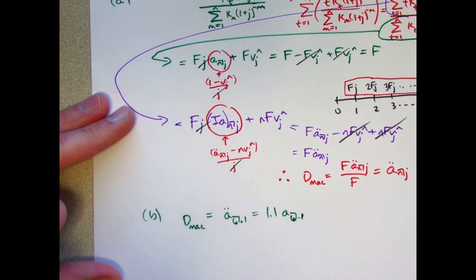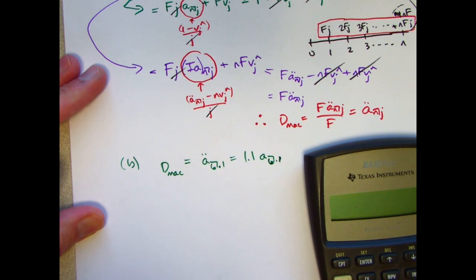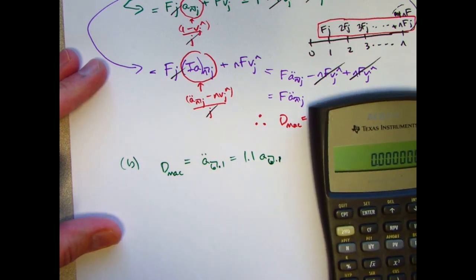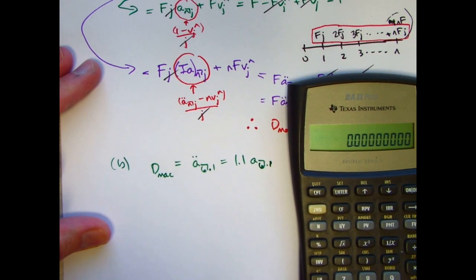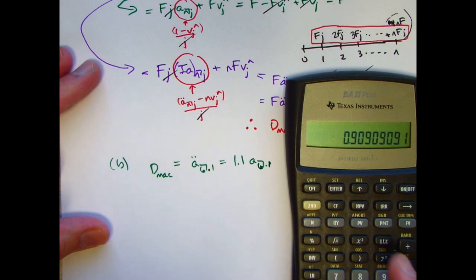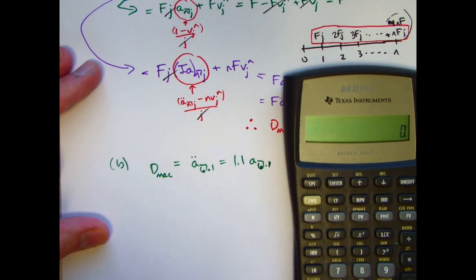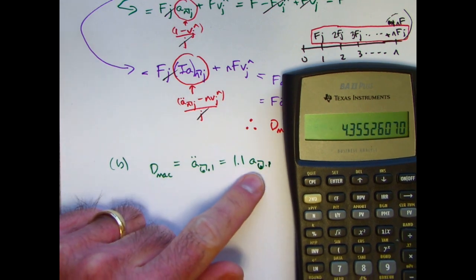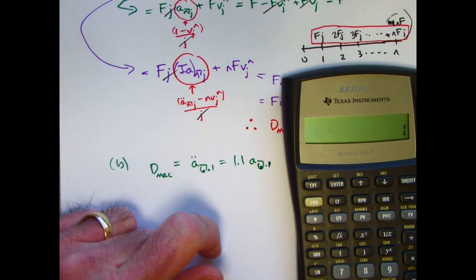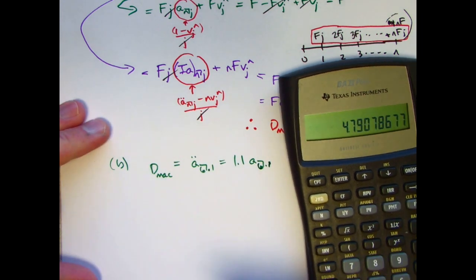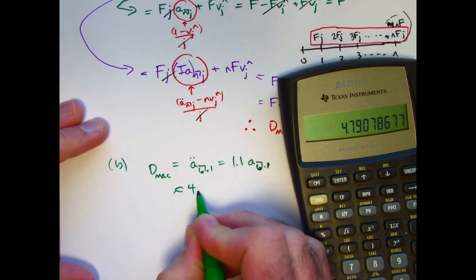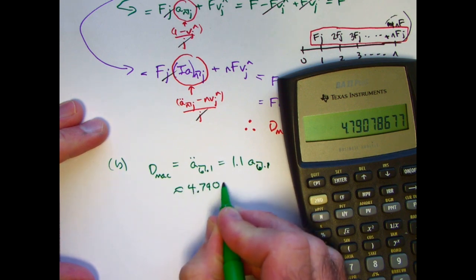And so now we need to just use the calculator. 1.1 reciprocal, there's v to the 6th power. Subtract from 1, divide by 0.1. a angle 6 equals 4.35526. Multiply that by 1.1, and you get a final answer of about 4.7908.